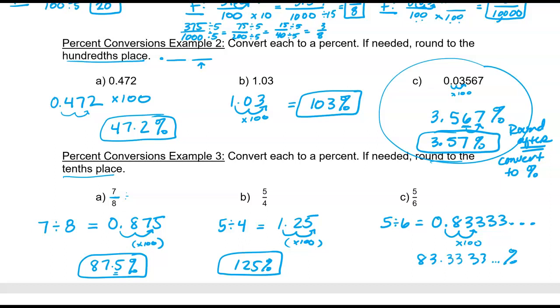I look at the tenths place, which is this first 3, and I look to the right of that 3, and since there's a 3 after it, that tells me to leave the 3 alone. So this is going to round to 83.3%. Just like the last problem, make sure you write down that you're going to round after converting to a percent. So you convert to a percent first, and then you round.